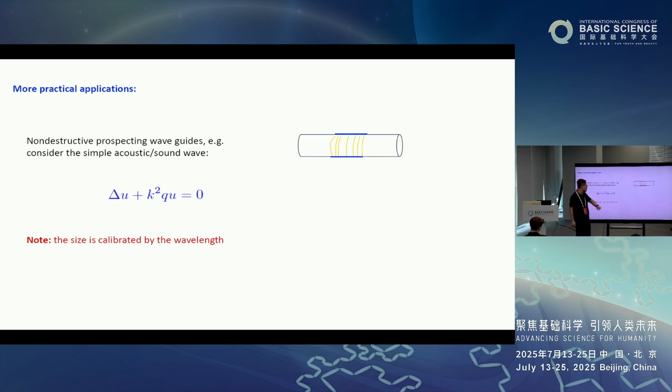Because in the physical world, whether the size is small or big is actually calibrated by the wavelengths. So you can choose the wavelengths to be big, which makes the pipeline small, so you can do this kind of identification. So small or big, all those physical terminologies, is just a relative concept.